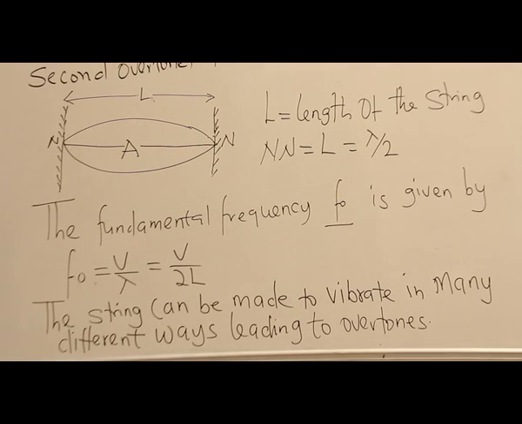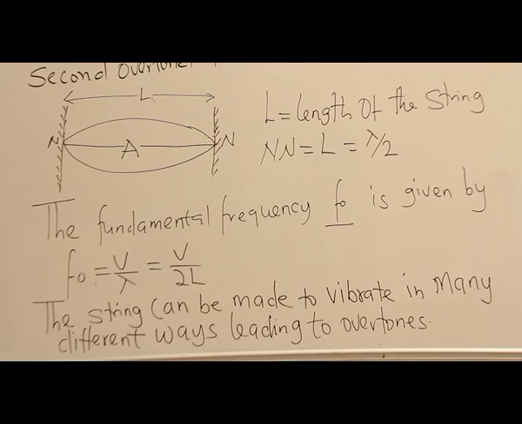The fundamental frequency F0 will be expressed as V over lambda. But lambda is initially 2L. If you make lambda the subject, you have 2L. Substituting the value of lambda here, we have V over 2L.